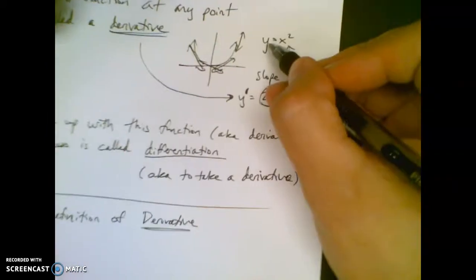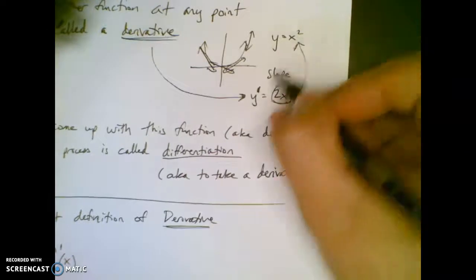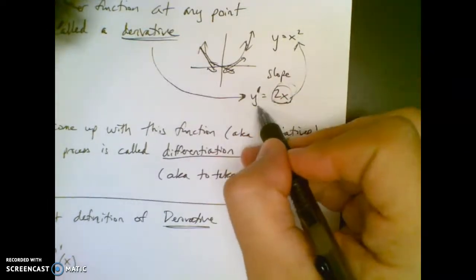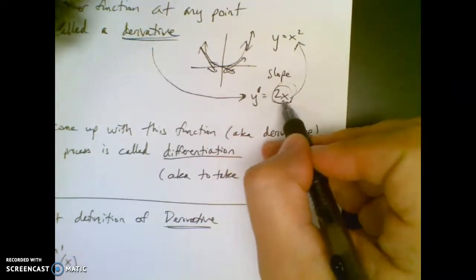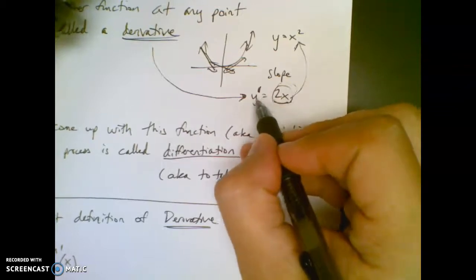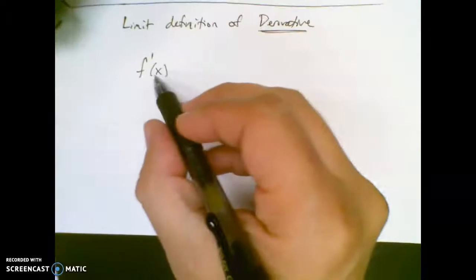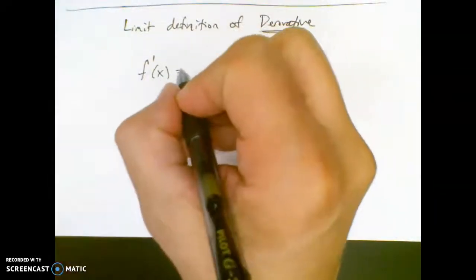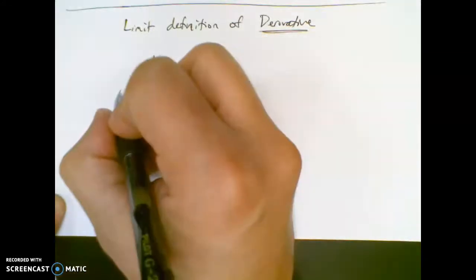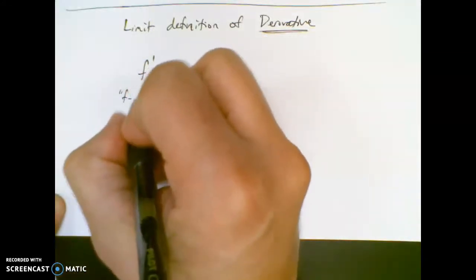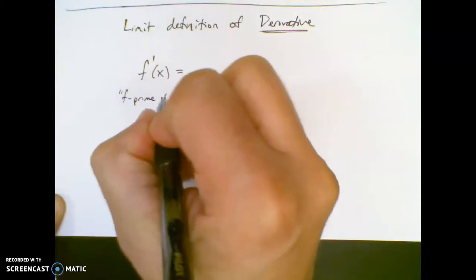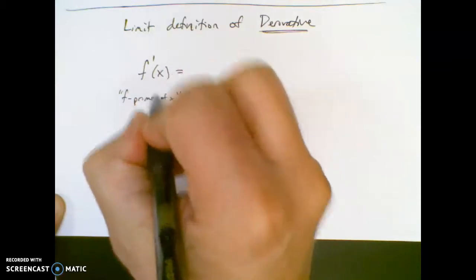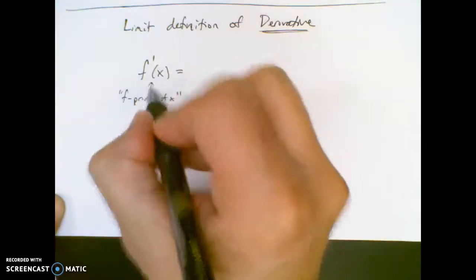If this is y equals x squared, then this guy called y prime equals 2x is the derivative, or it's the slope of that graph at any point you want. So this would be the derivative. You call it f prime. F prime of x is how you'd pronounce that.